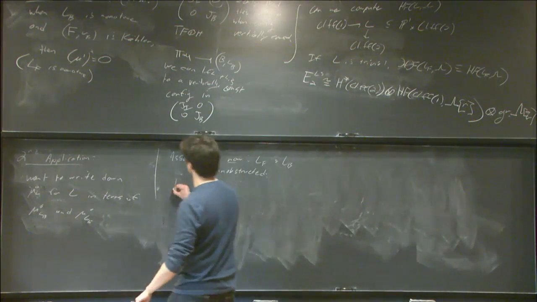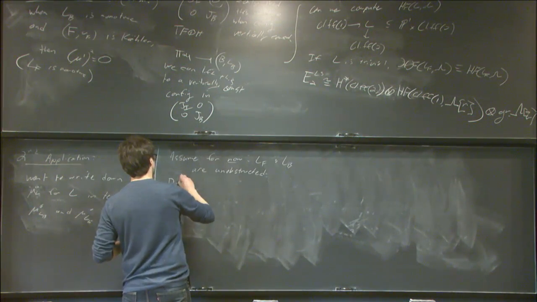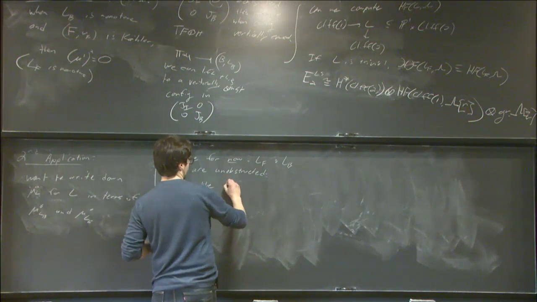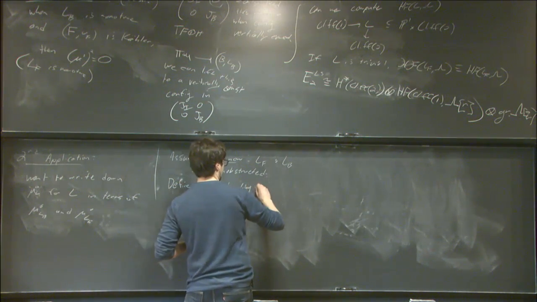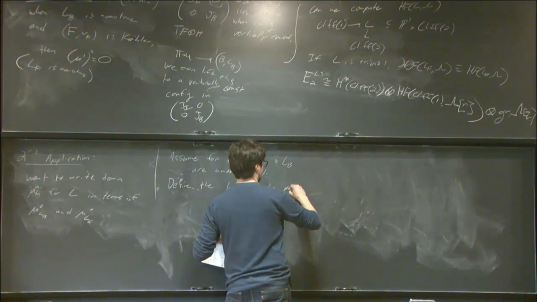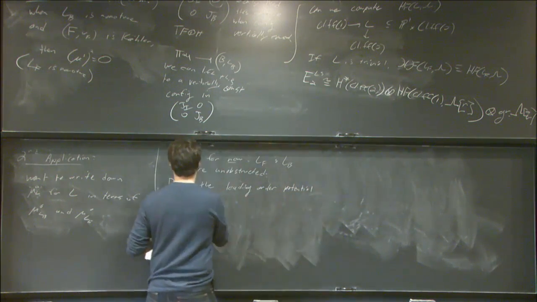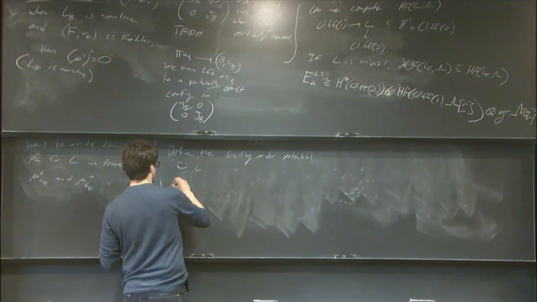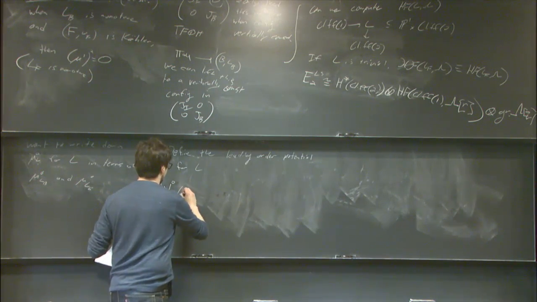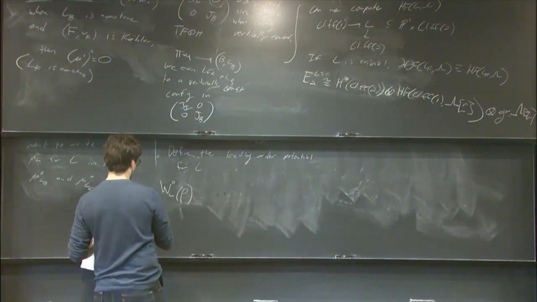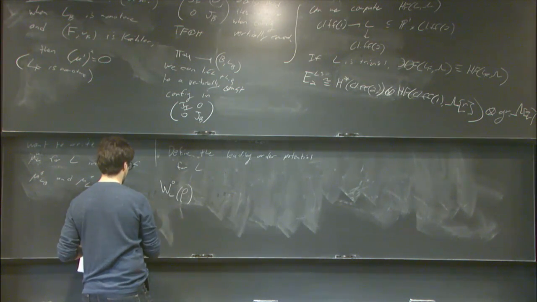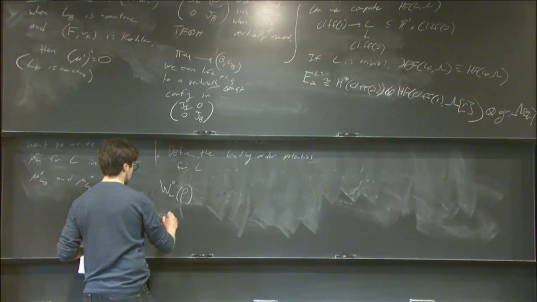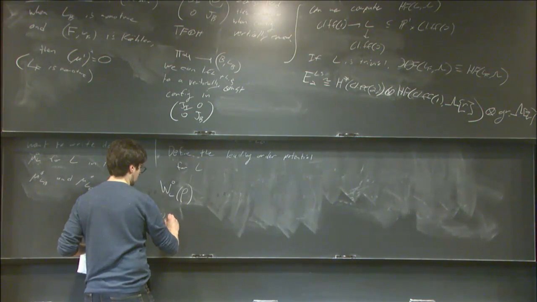So define the leading order potential for L. So this is going to be, let's say, W upper 0 sub L, and the variable it's going to depend on is going to be a representation rho in, we'll say, pi 1 of L into the Novikov ring with two variables.